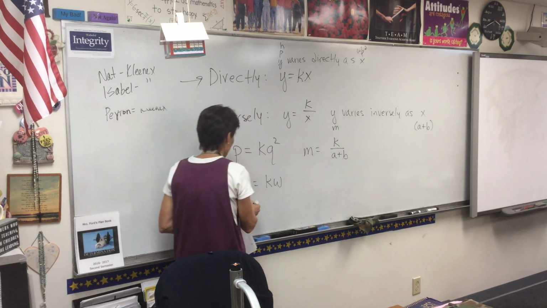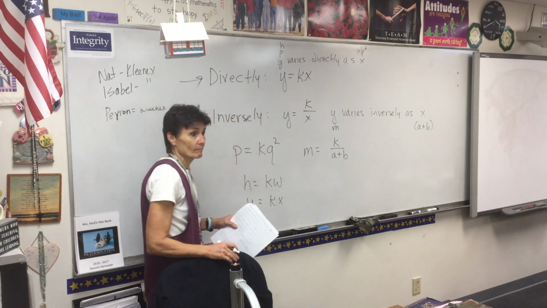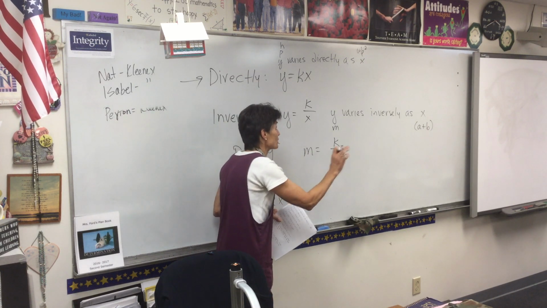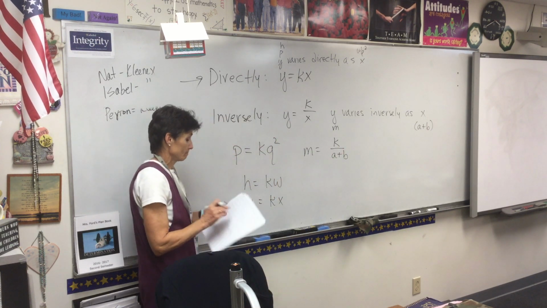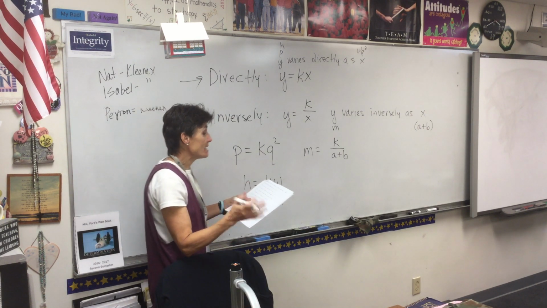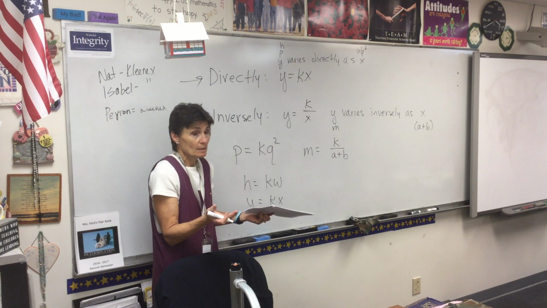So we would say y equals kx is proportional to, you can take out and put in varies directly. So when we say rate is inversely proportional, that means varies inversely.